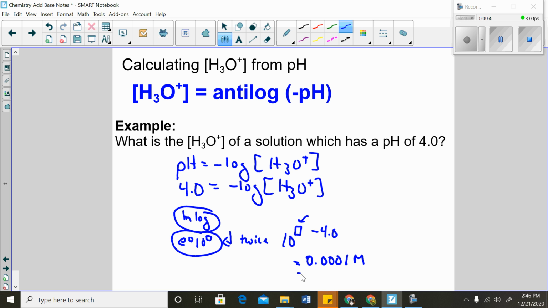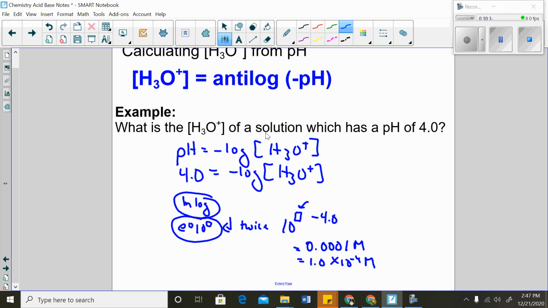Now you can also write 1.0 times 10 to the negative 4th molarity, using proper scientific notation. And what do you notice, right? The pH was 4.0, and if you have 1 in front, that exponent should equal the pH. So that's how you know this was done correctly.